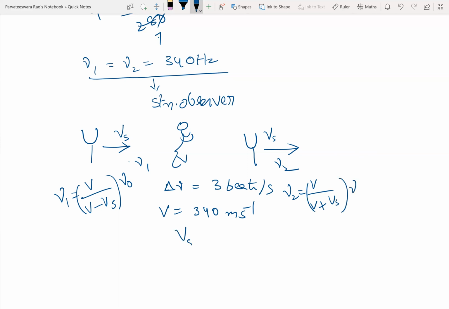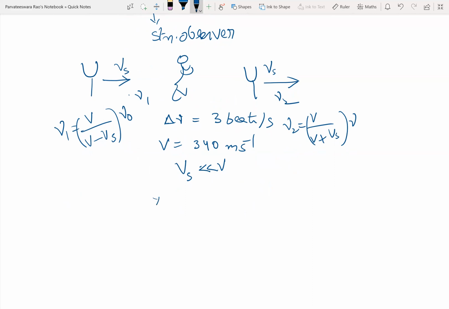And we are assuming that Vs is very much less than V. So in that case, the number of beats is equal to 2 Vs by V into nu naught. Do you remember? I gave this formula. This is of course when velocity of source is very much less than the velocity of the sound.